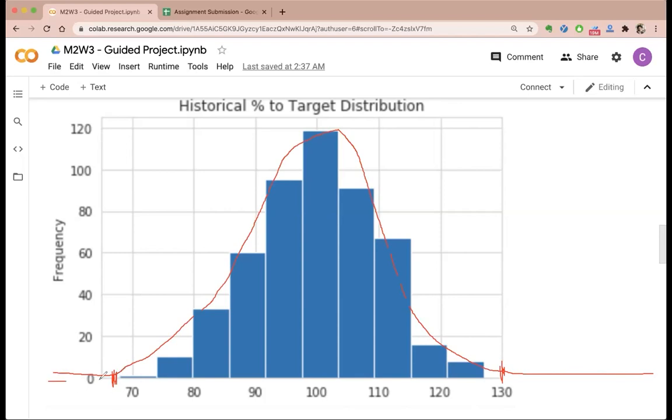Of course, the normal distribution is never going to touch the x-axis. But 99.9% of values lie between mu minus 3 sigma and mu plus 3 sigma. This is a very important property which you should remember, right?